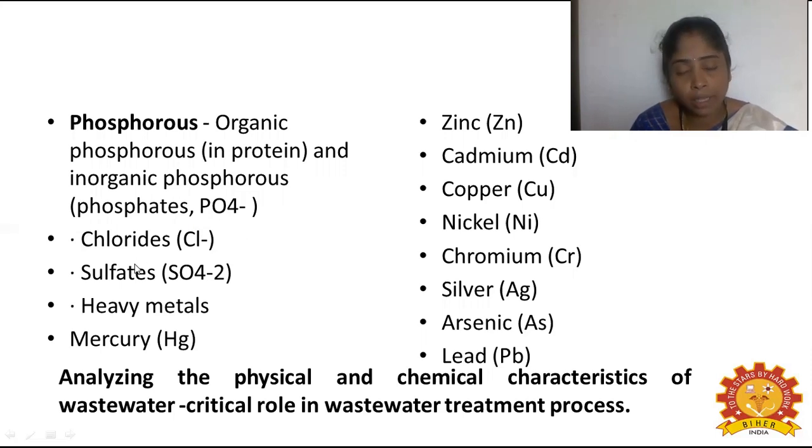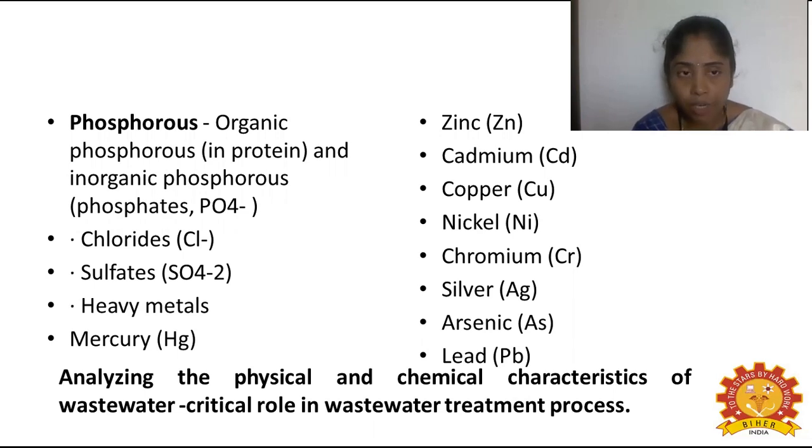The other chemicals are chloride, sulfates, and heavy metals: mercury, zinc, cadmium, copper, nickel, chromium, silver, and arsenic. These are the various pollutants or contaminants in sewage or industrial wastewater that can be studied with the help of the chemical characteristics of wastewater.